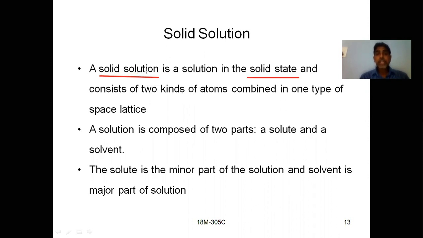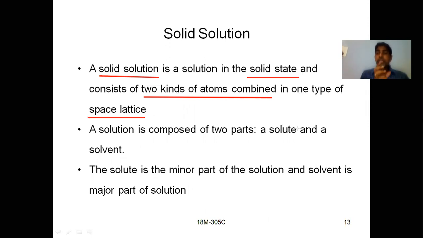So you are having a solution in the solid state, and in this, two kinds of atoms combine in one type of space lattice. That means you are having two types of atoms, and one type of atoms is soluble in the other.